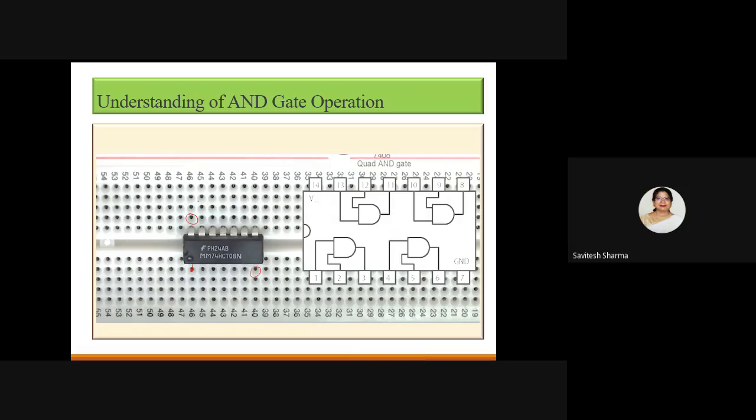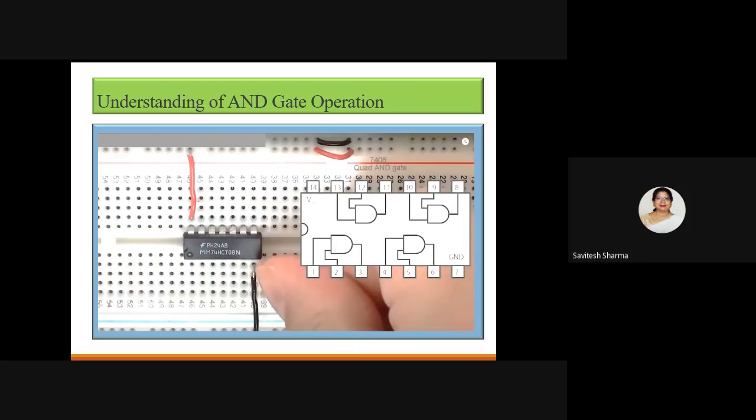So what will you do physically at the time of the experiment? You will connect a wire. This is pin number 40. So you will connect this wire here, and then you will provide a supply. That means you will connect a battery here. Okay, you will connect a battery here, and another wire you will use to give the ground.